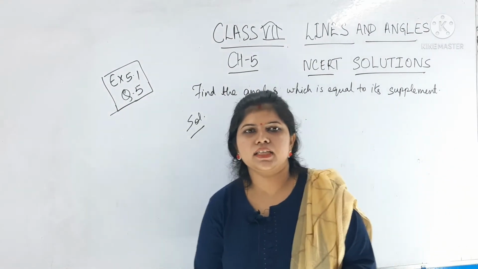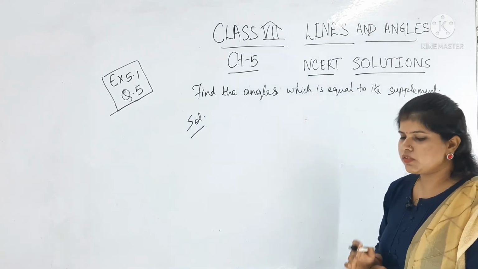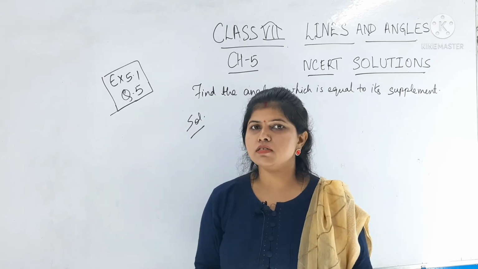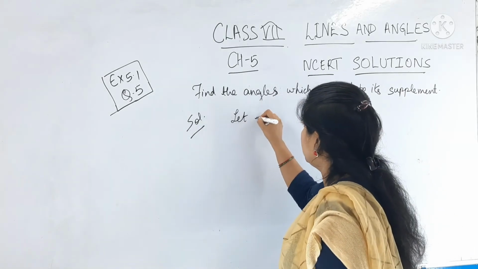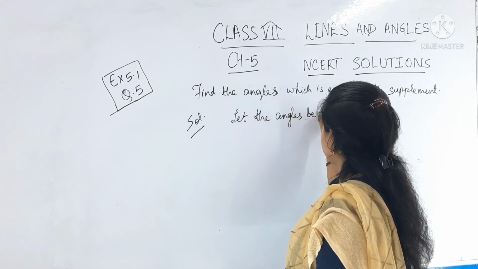Okay students, let's see the next question, question number 5. Here you have to find the angle which is equal to its supplement. For supplementary, we know that the sum is 180 degrees. So let the angle be x.